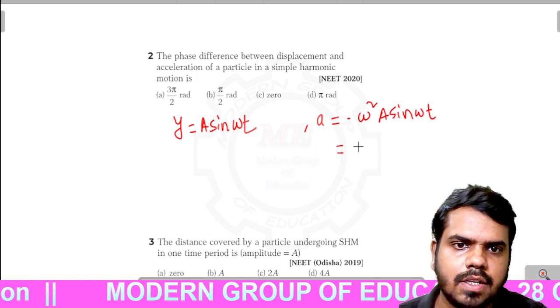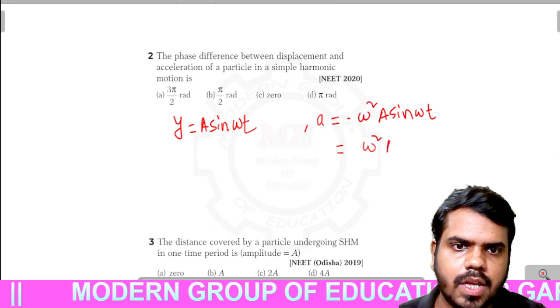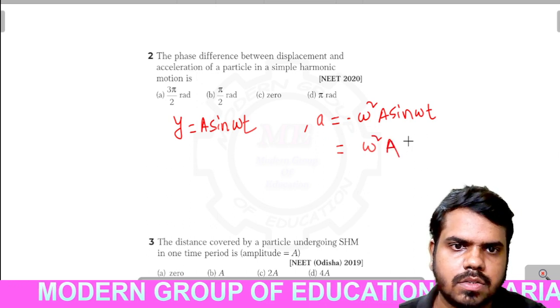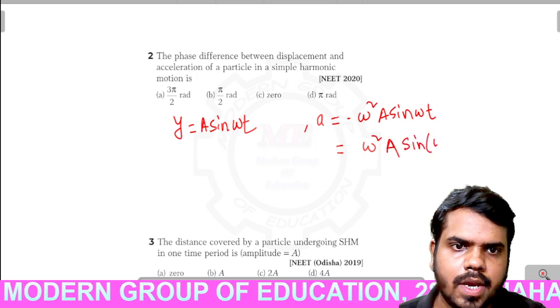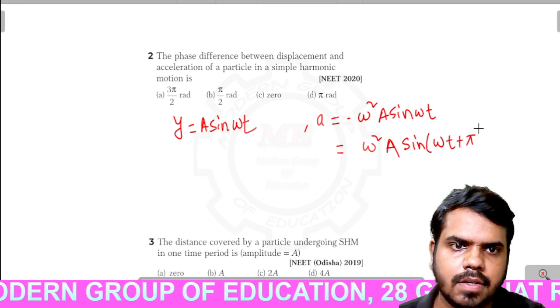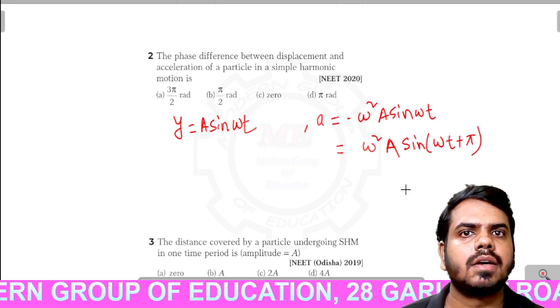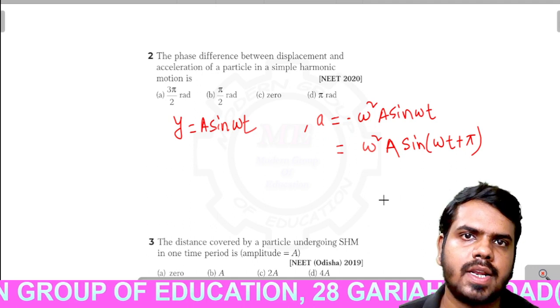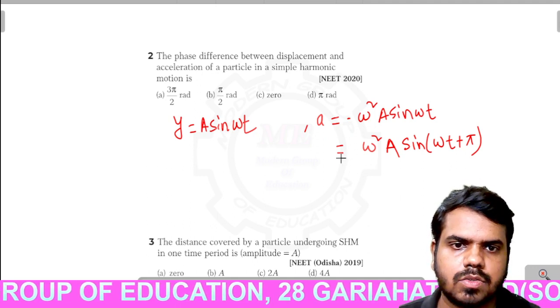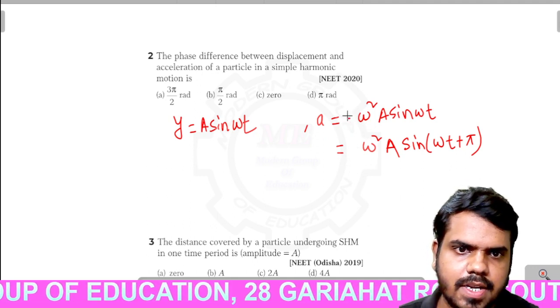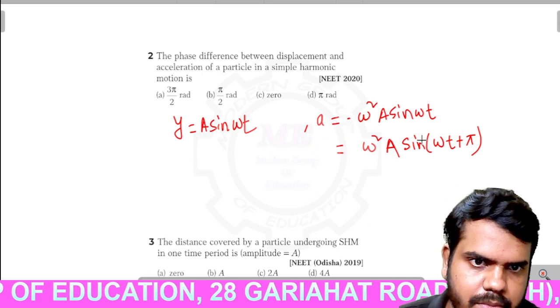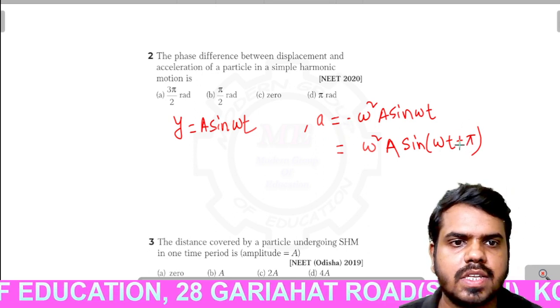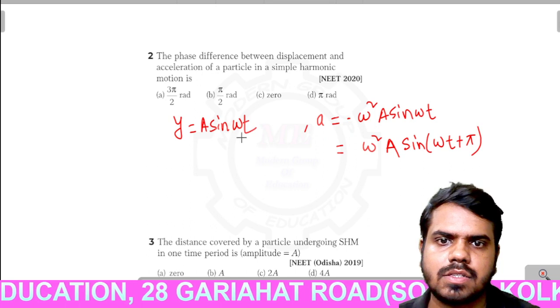What is the difference between these two? We can write this as omega square a into sin of omega t plus pi, because sin of 180 plus theta is equal to minus sin theta. So this minus helps you understand that the phase difference here is pi and here there is no phase difference.